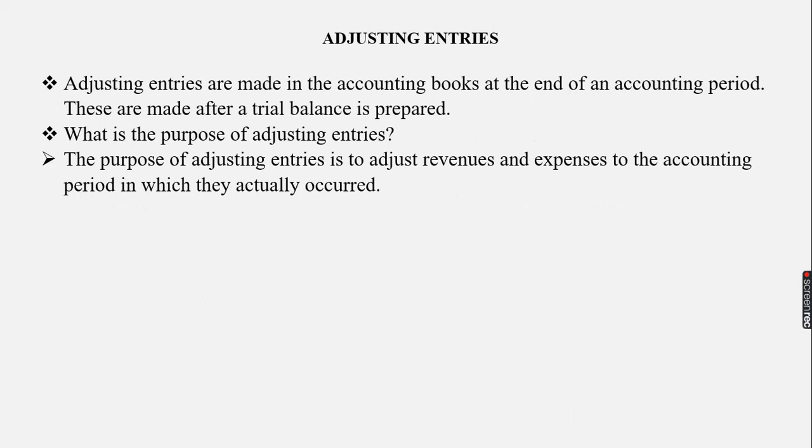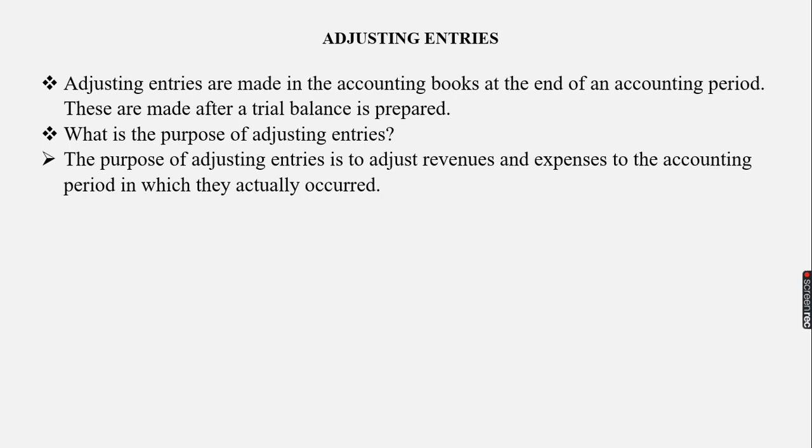Now, what is adjusting entries? So, adjusting entries, ayan, ginagawa yan in the accounting books at the end of the accounting period, okay? These are made after a trial balance is prepared. Sabi ko nga kanina, ginagawa yan after a trial balance. And then, pag na-insert mo yung mga adjusting entries na yan, ang tawag na dyan is adjusted trial balance, okay?